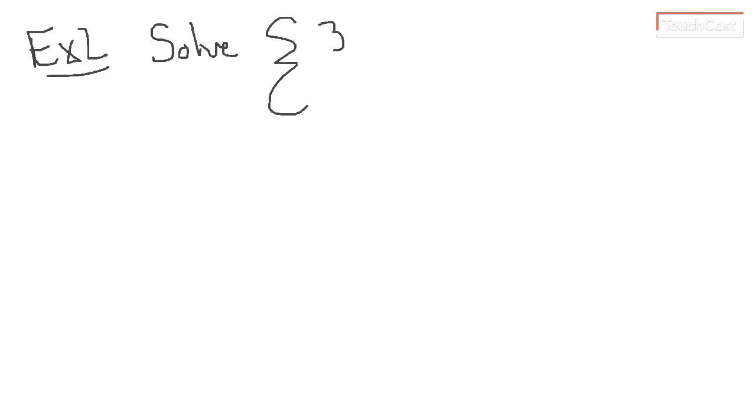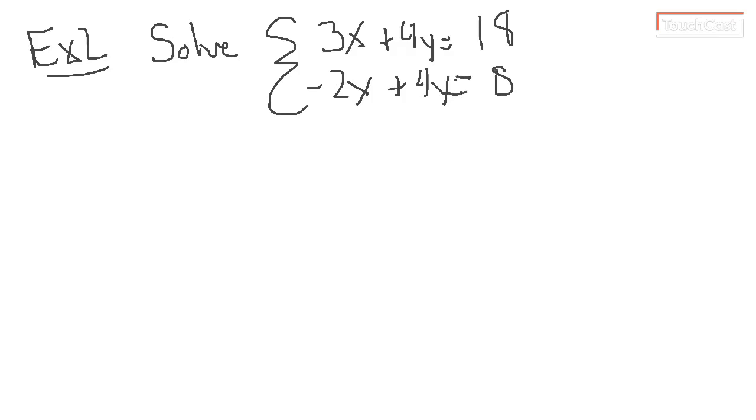So we'll call this one example 2. We're going to solve 3x plus 4y equals 18, and negative 2x plus 4y equals 8.